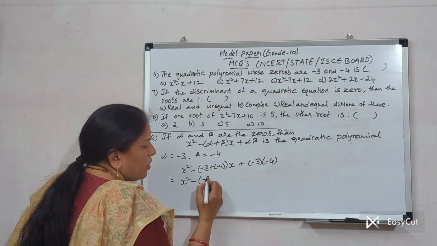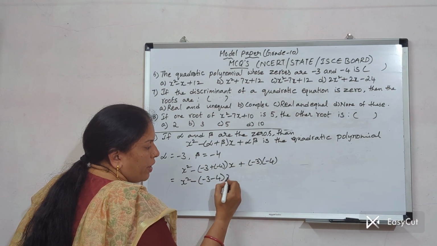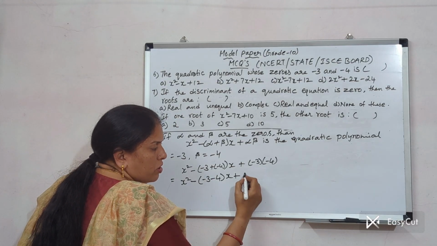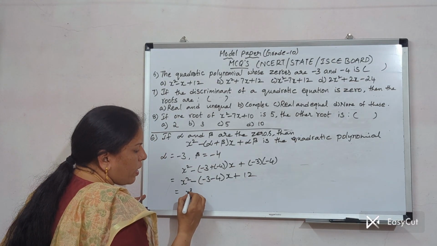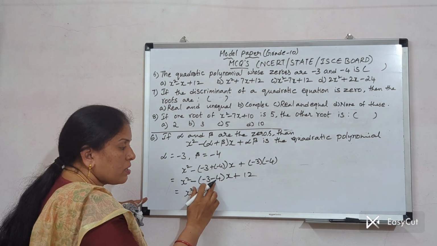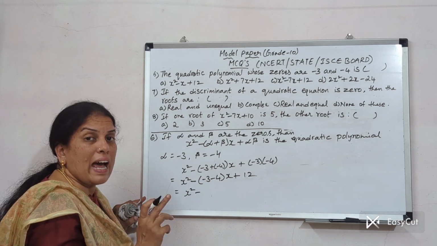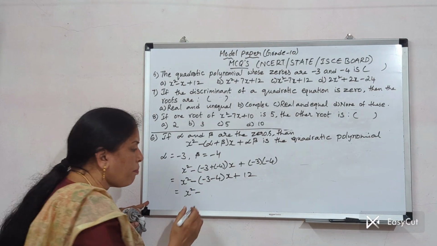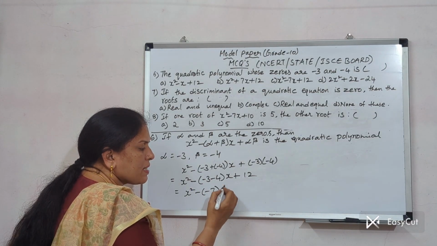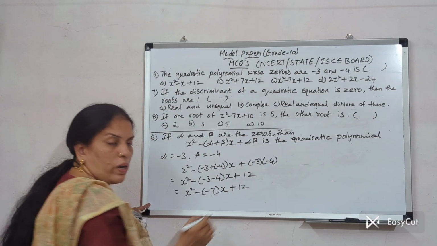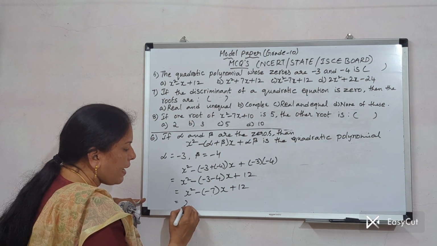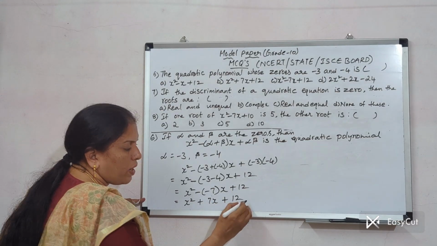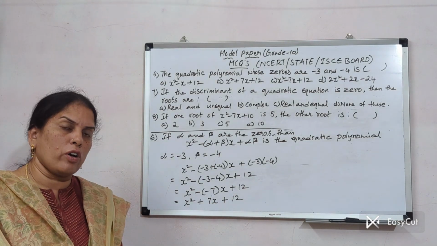Minus 3 plus minus 4 is minus 7, since same signs mean you add: 3 plus 4 is 7, and both are minus. Minus into minus is plus, 3 times 4 is 12. So x square minus into minus 7 x plus 12, that is x square plus 7x plus 12, is the required quadratic polynomial.